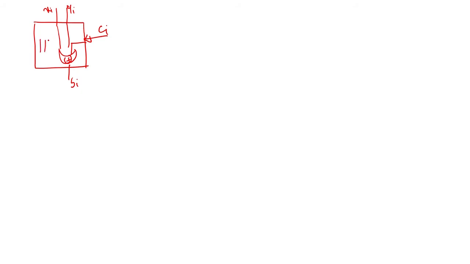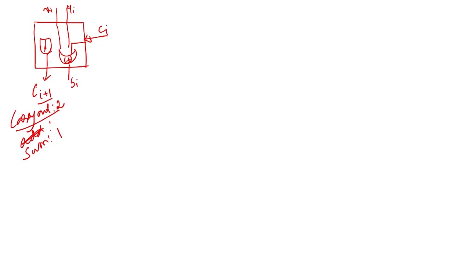Here we should get something like 3 AND gates and then an OR gate. This is something called CI plus 1. Okay. So, for carry out it is 2 gate delay, and for addition, for sum, it is 1 gate delay.